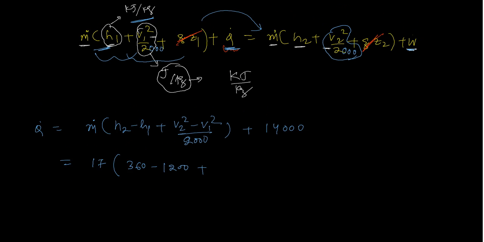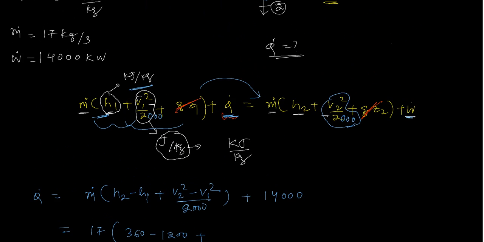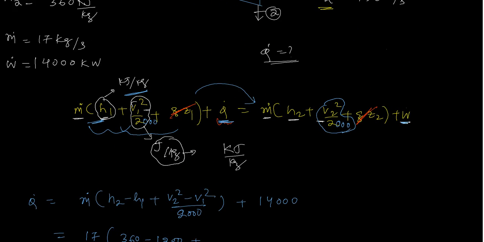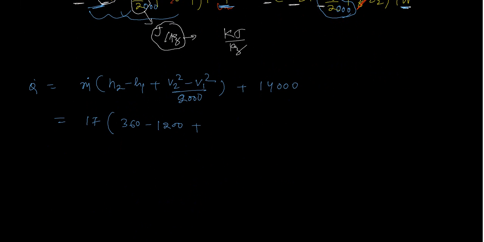So v2 is 150 and v1 is 60. So 150 square minus 60 square divided by 2000 plus this 14000, right? I hope I have plugged in all this data correctly.